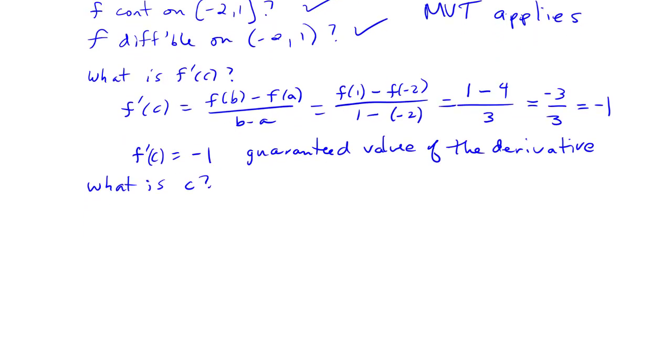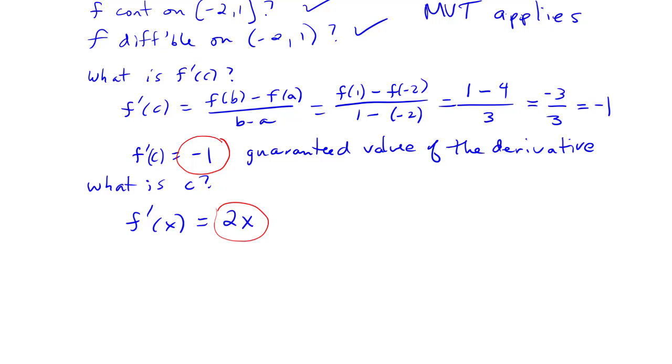Now, because this is a simple enough function, we can actually figure out what the derivative is. The function is x squared, so the derivative is 2x, no problem. And so all I'd be saying now is that I want to take this 2x and set it equal to the guaranteed value of the derivative.